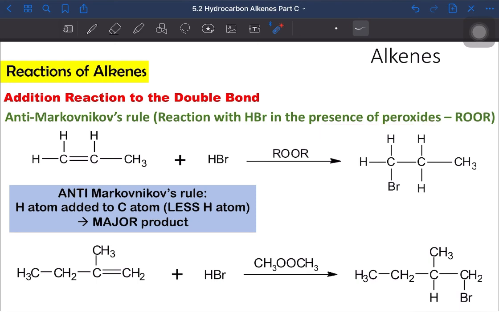This only happens with HBr in the presence of peroxide, either hydrogen peroxide or acid peroxide. So I think that's all for part C of alkene. We're going to meet in the next video, where we are going to look into the oxidation of alkene and the unsaturation test for alkene in parts D and E of the video.